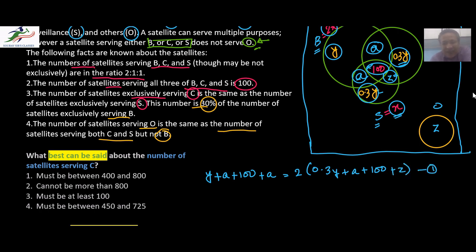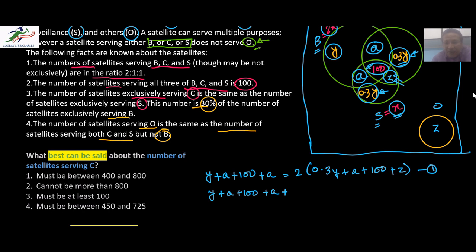And what is the second condition? The second condition is the total number of satellites is 1600, that is given. So that means the entire set of B, which means Y plus A plus 100 plus A plus 0.3y, Z and 0.3y.